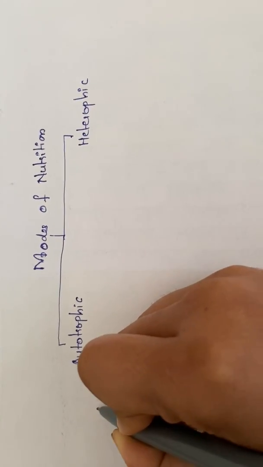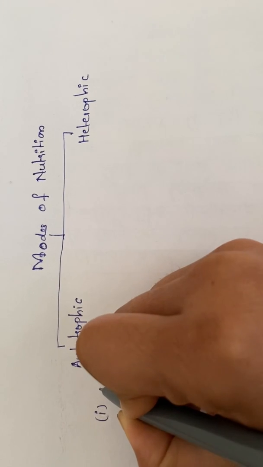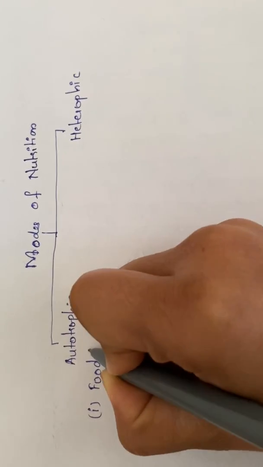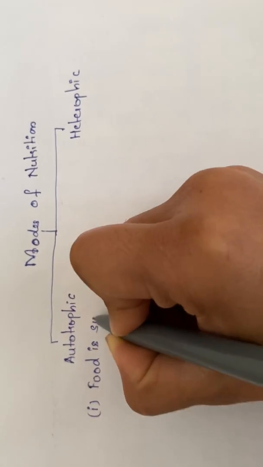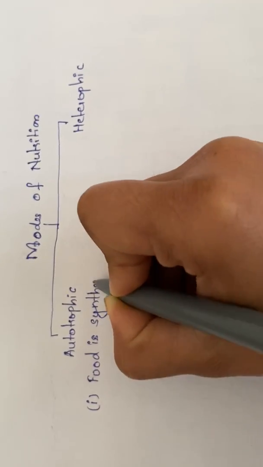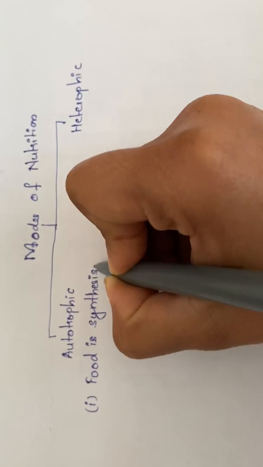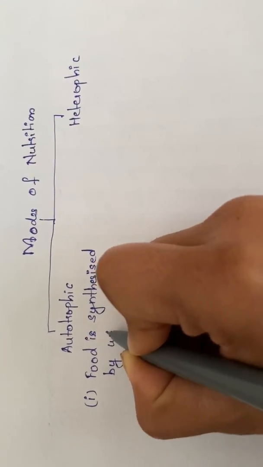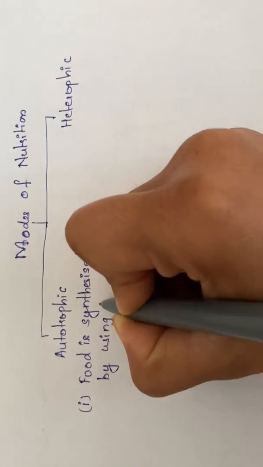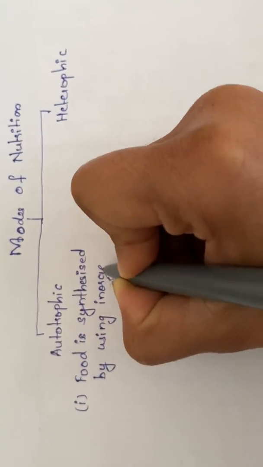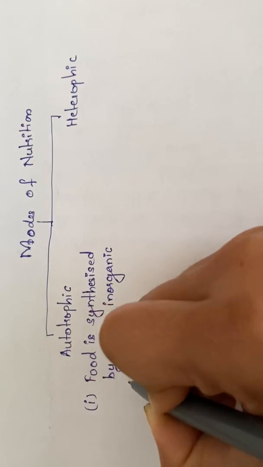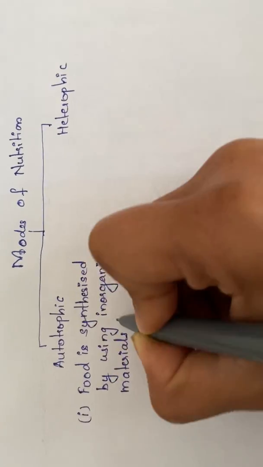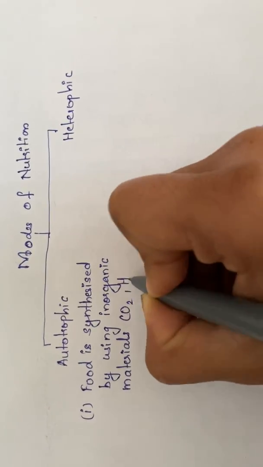What are the differences? Here the first point of autotrophic nutrition is that food is synthesized by their own, synthesized by using inorganic materials such as carbon dioxide and water, right?